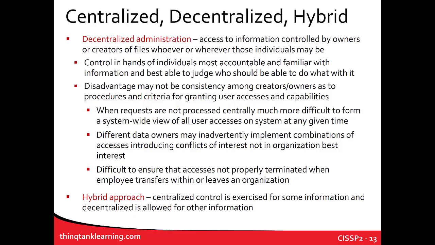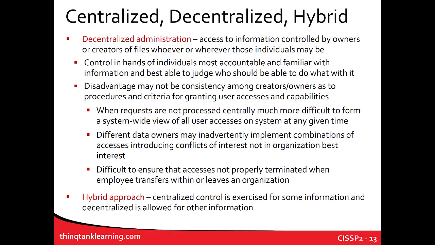Some data is governed centrally, depending on the criticality of that information. Other data might be managed locally. That's going to give us a nice balance of control and flexibility. So going back to that previous AWS example in a multi-cloud enterprise, decentralized would mean that development teams would manage access to their own AWS buckets or their own AWS subscriptions.